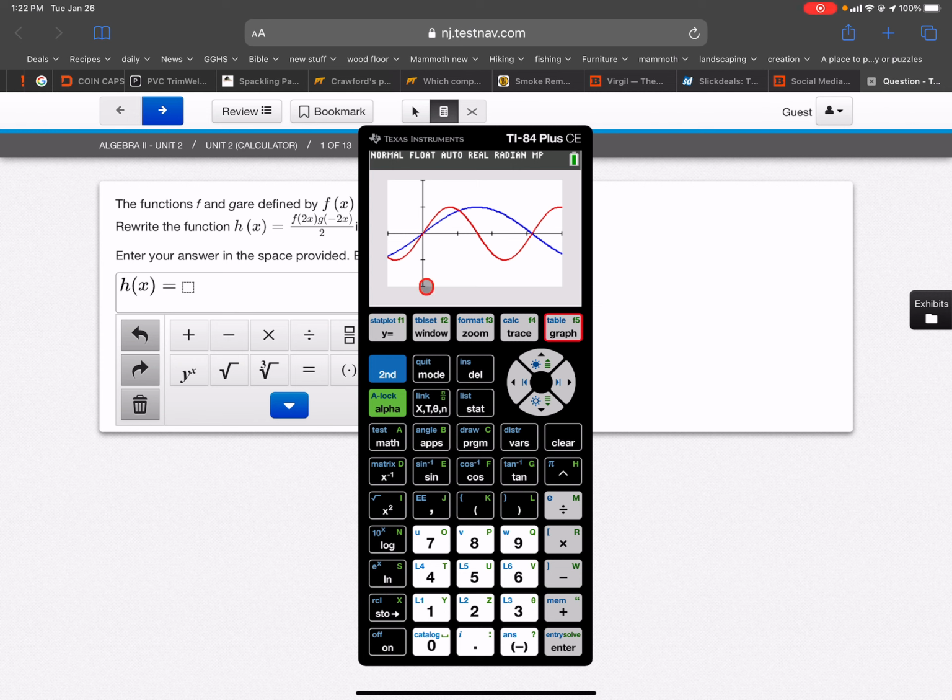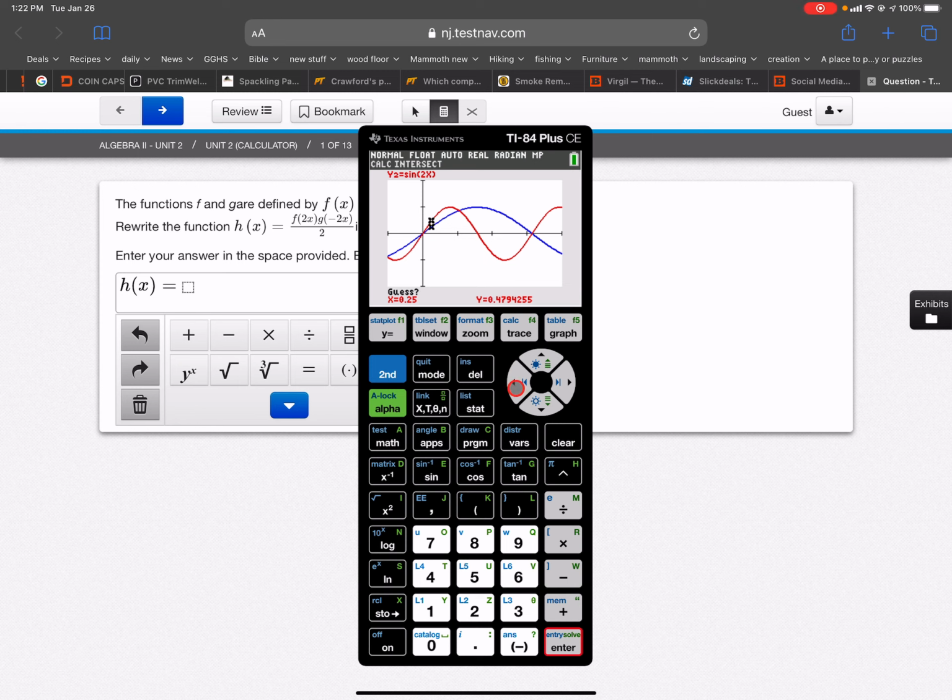Let's find the intersection. Second calc. Intersection's 5, so I hit 5 here. And I'm going to move this closer. Now it's asking, what's the first curve? Is it the blue one? Yes, enter. Is the second curve the red one here? Yes, enter. And guess. So guess, you need to do this so it knows if you want this intersection, that one, or that one. As long as you're anywhere close.